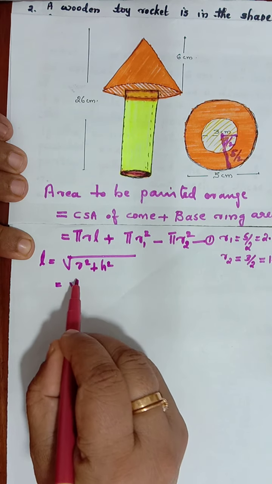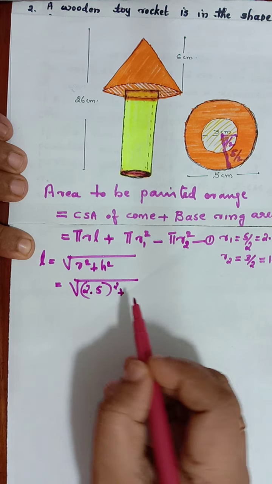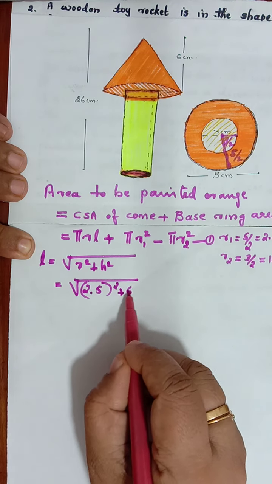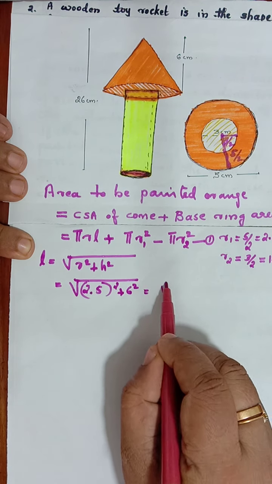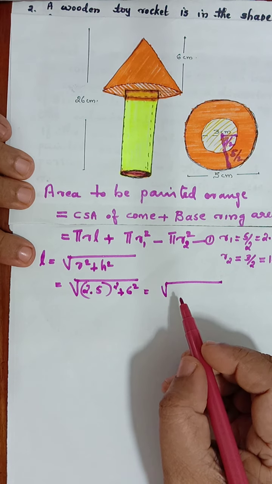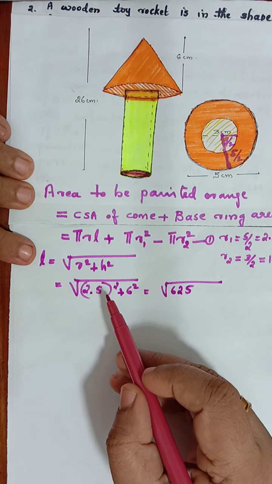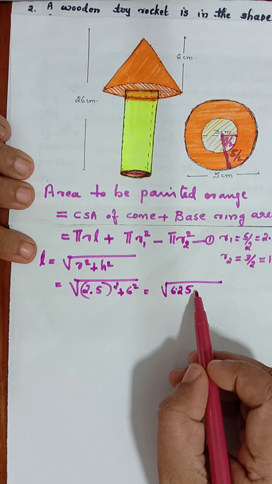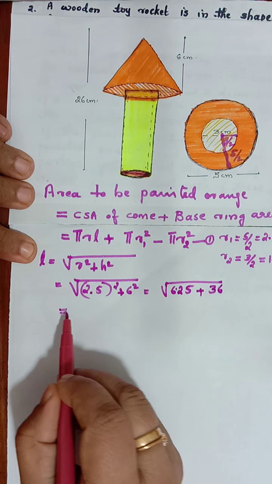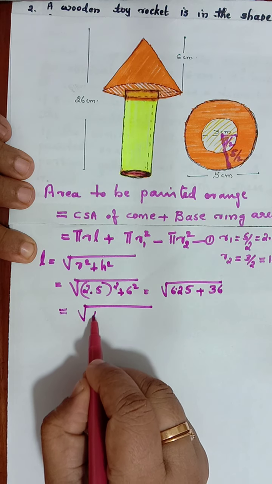So radius square, 2.5 whole square, plus h square. Height of the cone is 6, so 6 square. That's equal to square root of, 25 into 25 is 625. So 2.5 into 2.5 means 2 decimals will come, 6.25 plus 36. 6 plus 36 is 42.